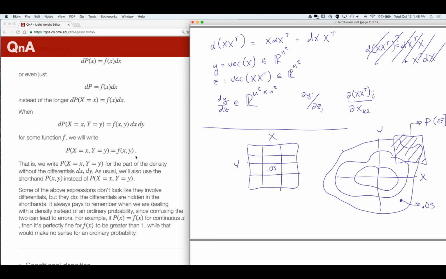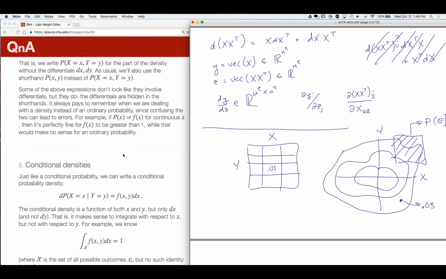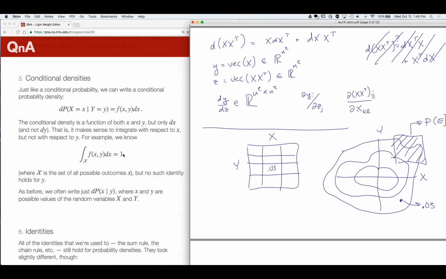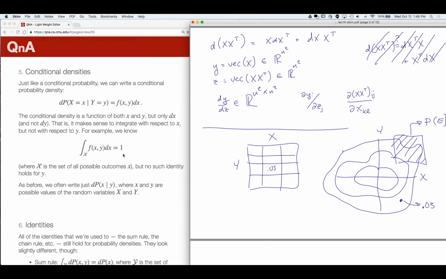So a density can be bigger than 1, a probability cannot. With continuous random variables, we can use exactly the same notation that we would have with discrete ones, but we have to remember that the underlying math is different. We're dealing with a density instead of with a plain probability.